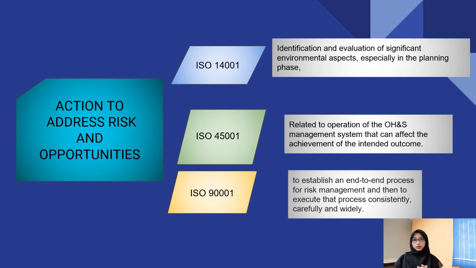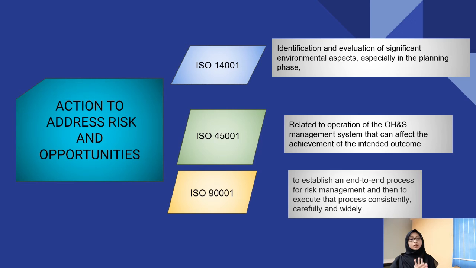Next, ISO 45001. It is related to the operation of the OH&S, the occupational health and safety management system, which can affect the achievement of the intended outcome. OH&S opportunities address the identification of hazards and how they are communicated, and the analysis and mitigation of hazards.